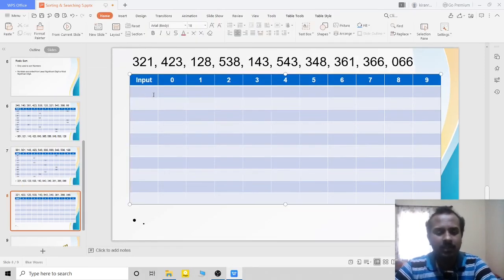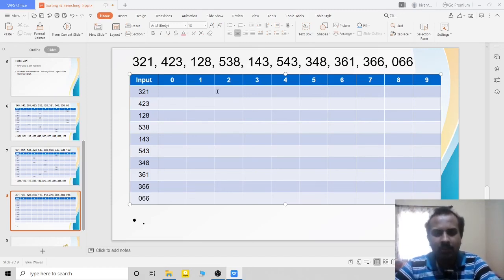First one 321, next 423, next 128, next 538, 143, next 543, next 348, next 361, next 366, next 066. Now what you have to do is arrange the elements as per the 100th place.